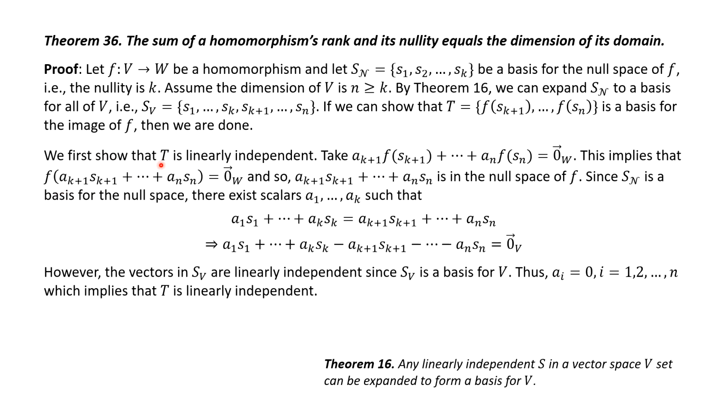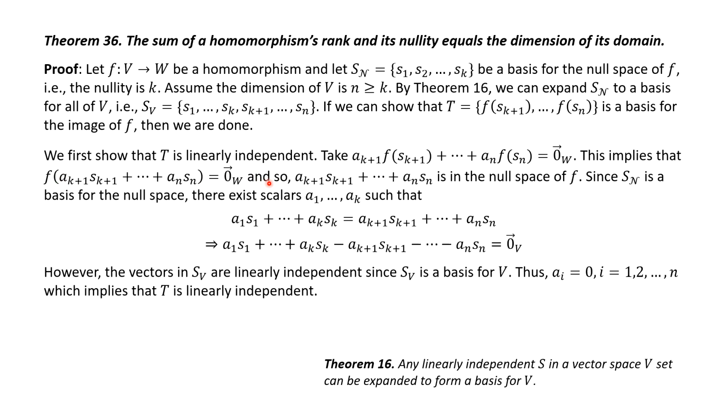Okay, so we first show that the set T is linearly independent. Let's take a linear combination of the vectors in T and assume they equal the zero vector in W. And since F is a homomorphism, this implies this here. We can use the linearity property.